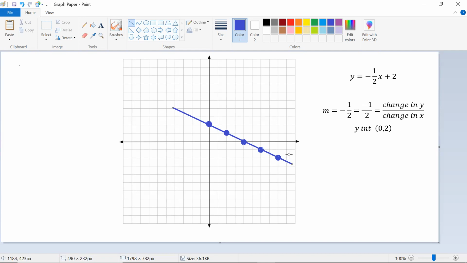And then, like I always do, I always draw arrows to signify that this pattern goes on forever. So there's the graph of that line by using the y-intercept and the slope. And we get that in a really efficient manner using the slope-intercept form of the line.